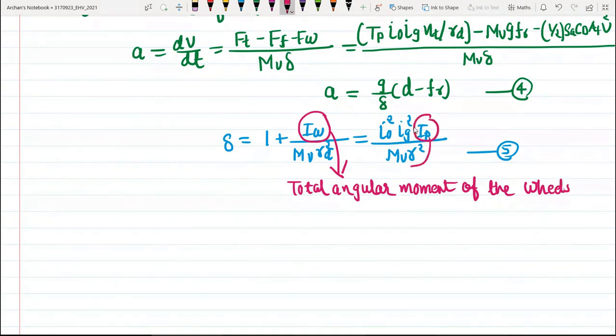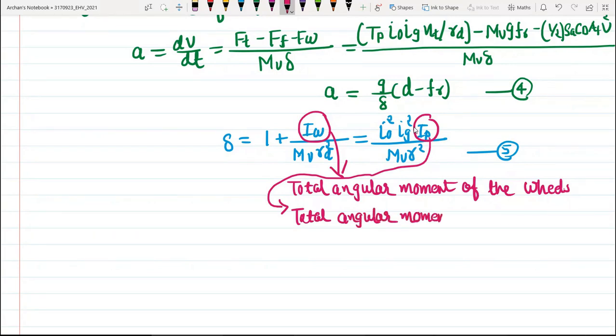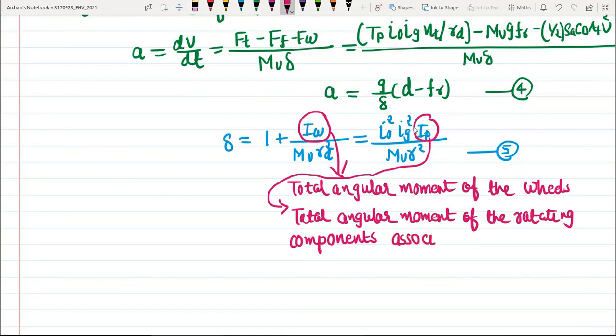And IP is the total angular moment of the rotating components which are associated with the power plant.